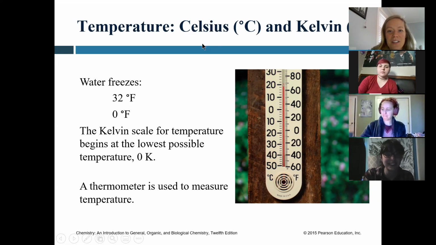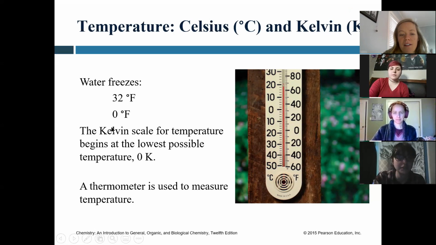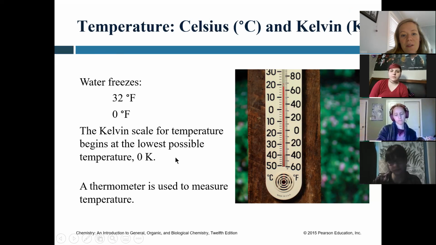All right, temperature. So Celsius and Kelvin. This one's always hard to wrap your head around because we're so used to Fahrenheit. Water freezes at 32 degrees Fahrenheit. And this should be Celsius. I don't know why they have this as Fahrenheit. Water freezes at 0 degrees Celsius.